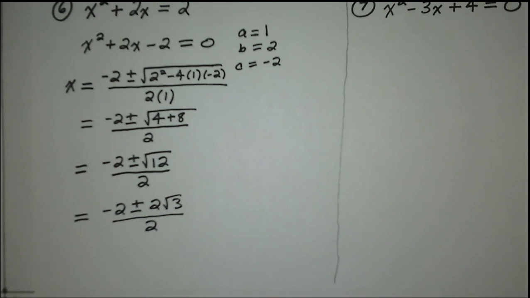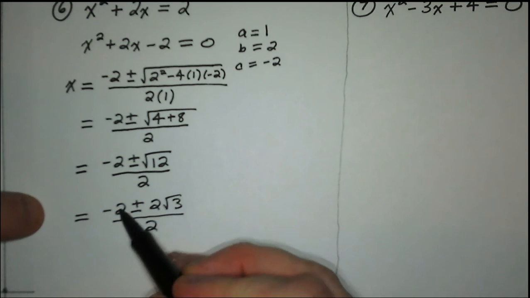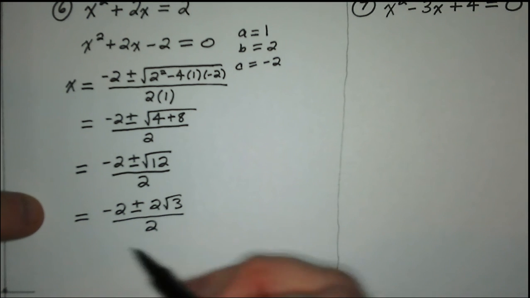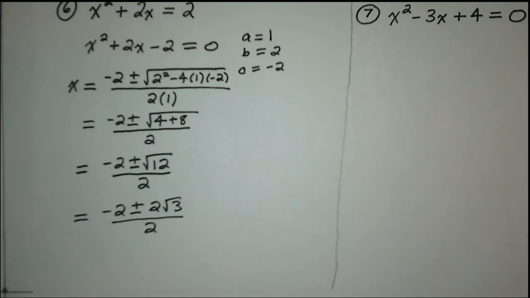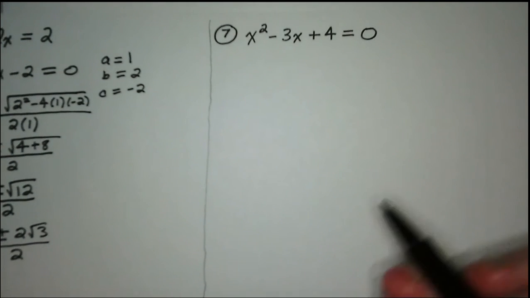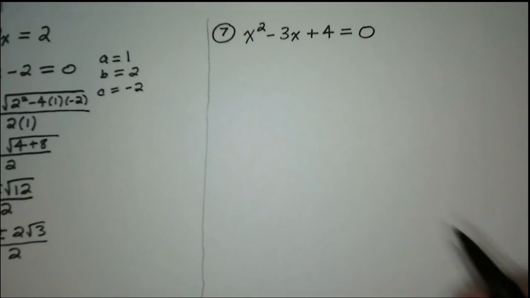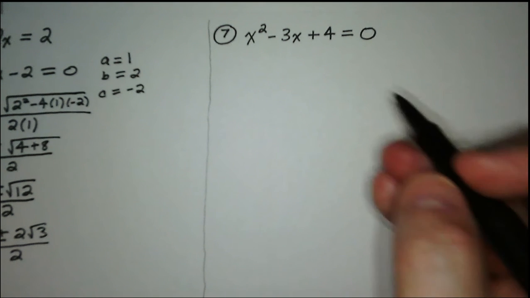Okay? And considering the situation we're all in, I'm going to be okay with you stopping right there. But I just want you to know that you actually could take this whole fractions stuff and do a little bit more simplifying. But again, I'm not trying to completely overwhelm you, right?